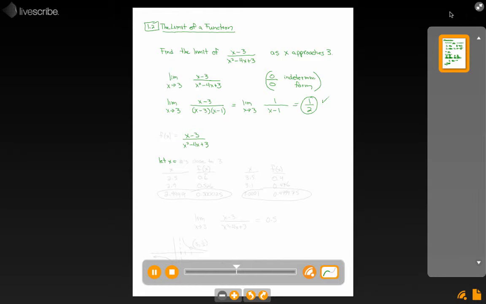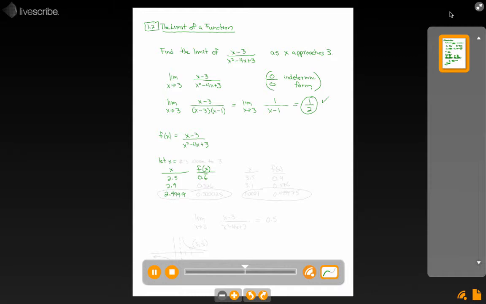Like, for example, make a table of values here: 2.5, 2.9, really close, 2.9999, get carried away here. And if I put that number into this function, let's call this function f of x for a second, just so I can say, well, what does f of x equal? If you put in 2.5, you get 2/3 as your answer. You get 0.666666.